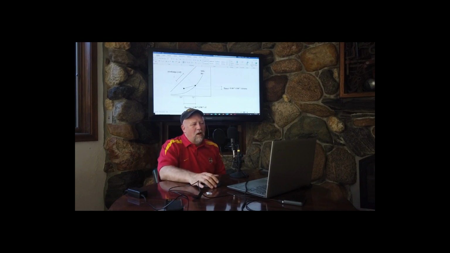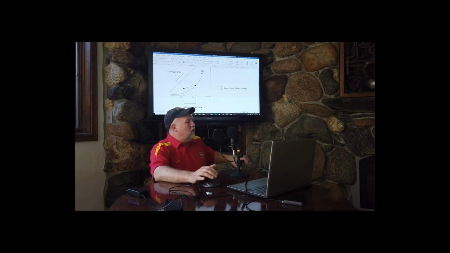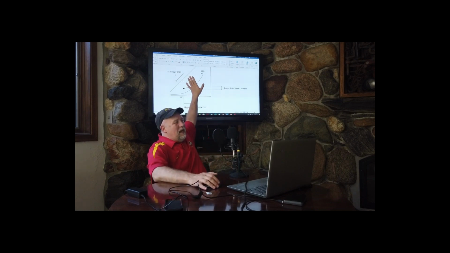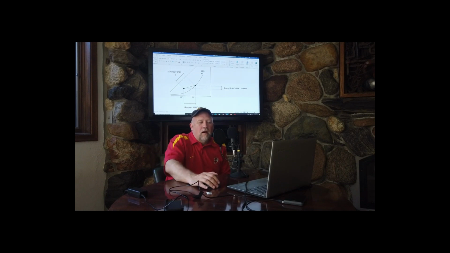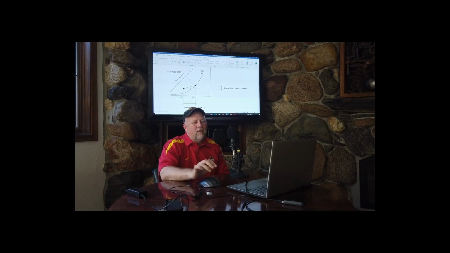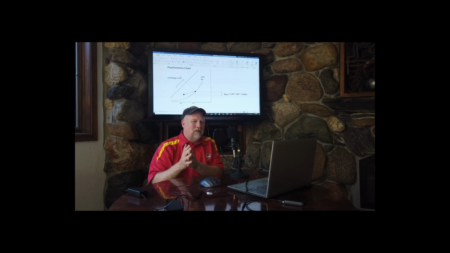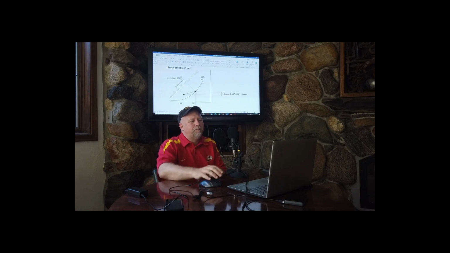Note on this chart, we can also look up the difference in enthalpy. The difference in enthalpy from one point to another is essentially the sum of sensible and latent energy. Think of enthalpy as the total energy in a system, in this case our system being moist air. If we go back to our psychrometric chart, I'm going to zoom out a little bit.